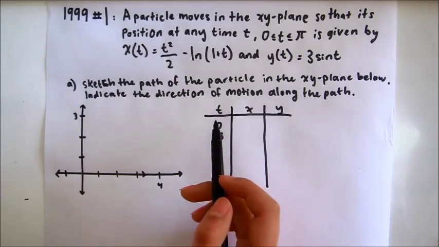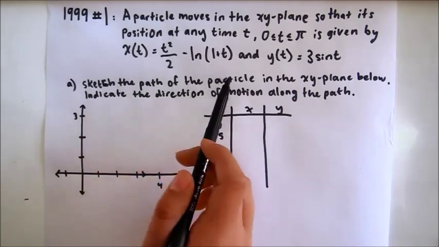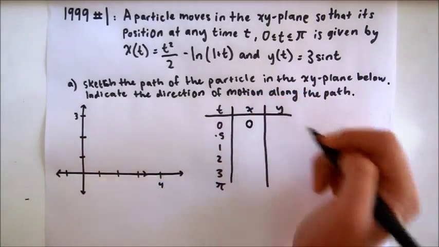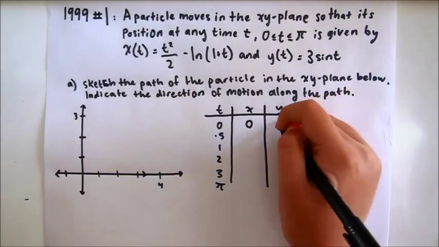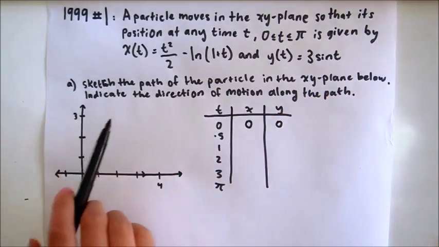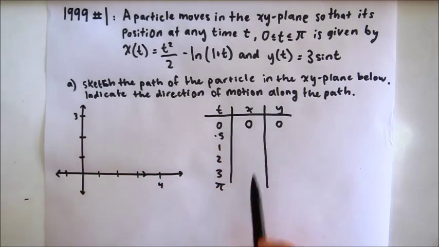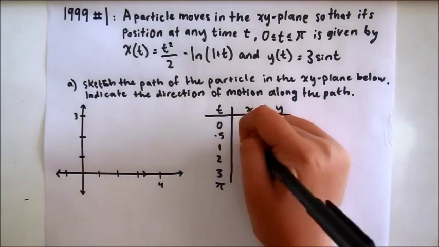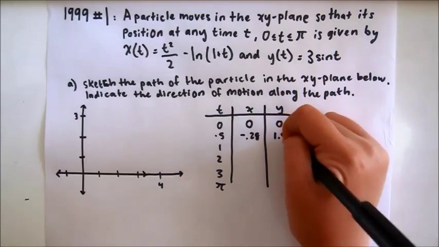For example, for 0, you would plug 0 into the equation for x, which would be 0 over 2 minus the natural log of 1, and that ends up being 0. Then for y, you would do 3 times sine of 0, which is also 0. You can just use your calculator to plug in these different values into the x and y functions and figure out what the coordinates will be. For 0.5, you get x equals negative 0.28, and y equals 1.44.